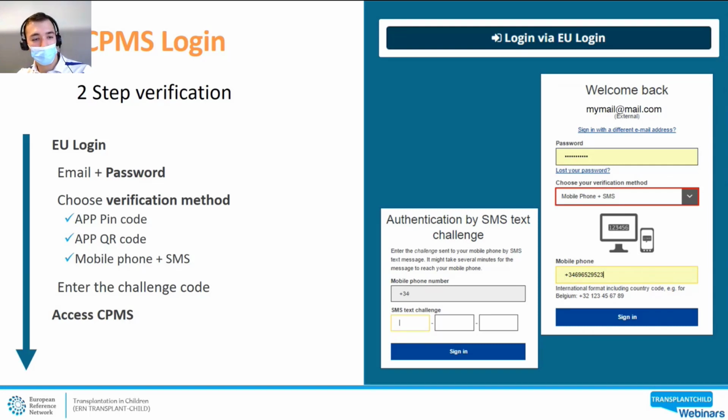So there are 3 main verification methods. You can install the EU login app in your mobile phone and choose a PIN code for verification, or you can use the app in your device to scan for the QR code. But mostly the people choose to give their phone number and receive an SMS and use the SMS verification method.